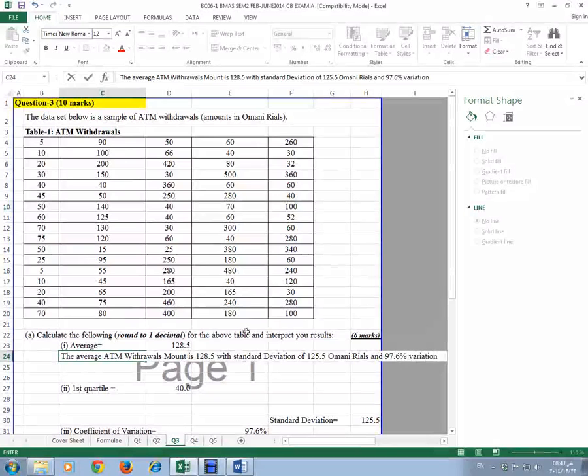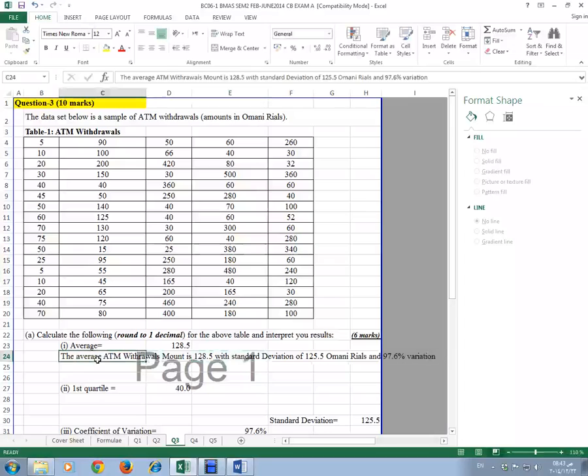So this one is a variation of 97.7%. This is a comment for the average, standard deviation, and variation.